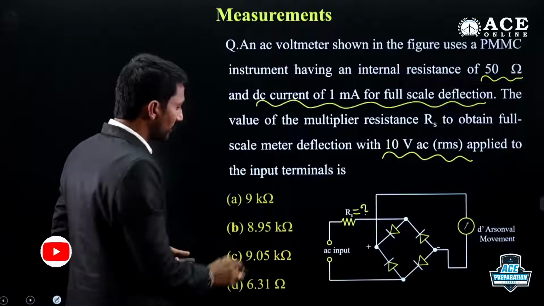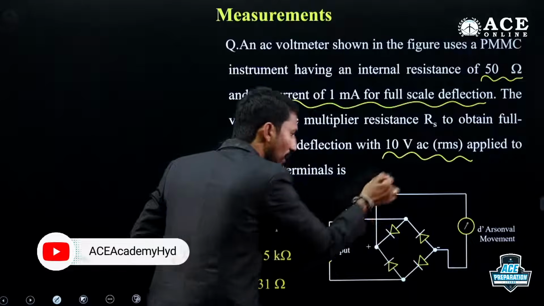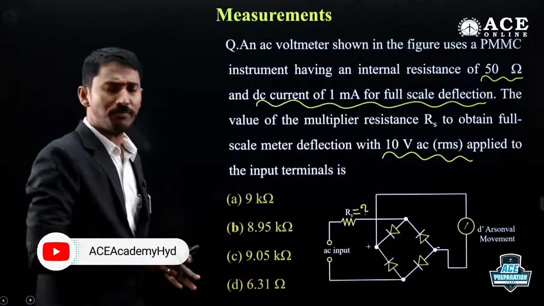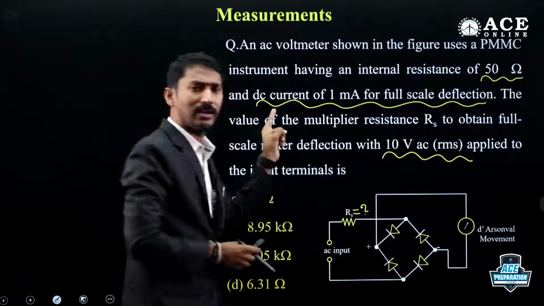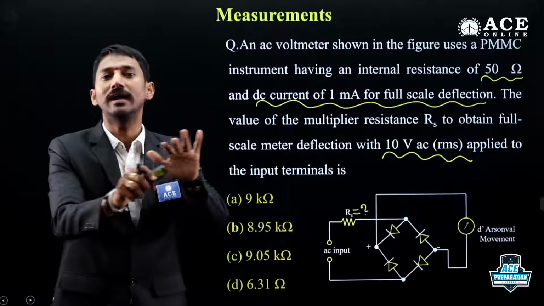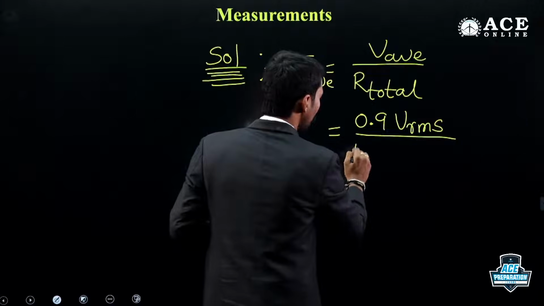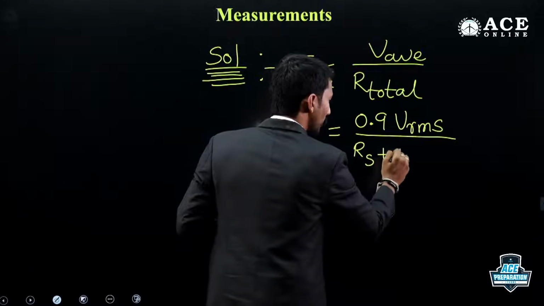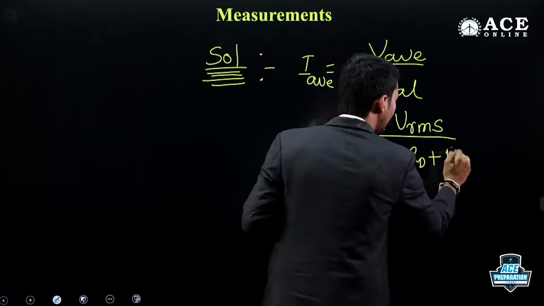Sir, what is the total resistance? RS plus diode resistances plus meter resistance. But if you observe the data clearly, do we have any comment related to the diode resistance? Not given. So simply assume that it is ideal, so 0. Therefore, the formula I am writing is RS plus 2 times the diode resistance plus meter resistance.